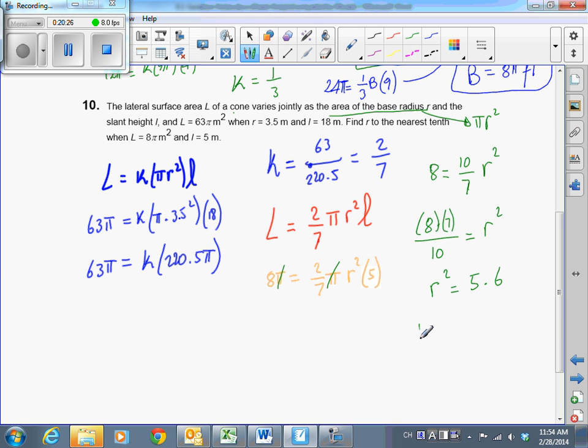So r is actually equal to square root of 5.6, which is approximately 2.4. Now you understand, normally I should put plus and minus, but because we're talking about a radius, we can't consider the negative side. So the final answer is r is equal to 2.4 what?